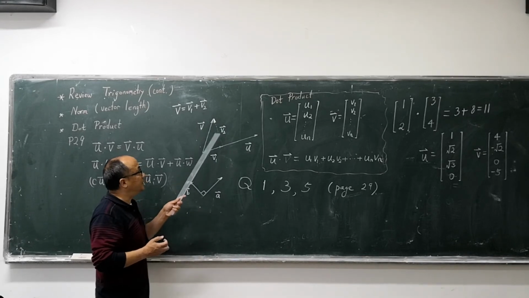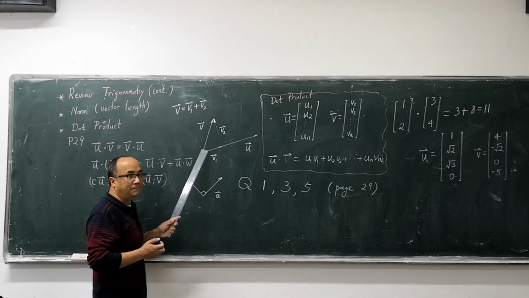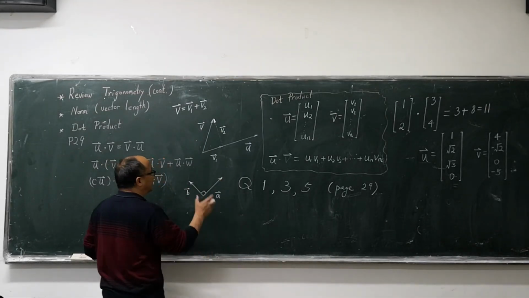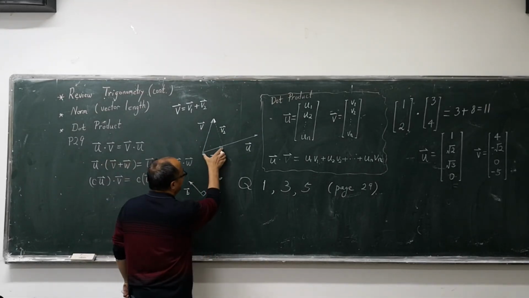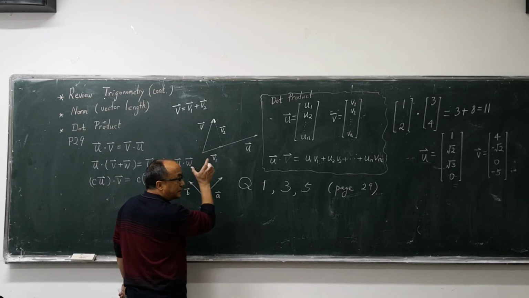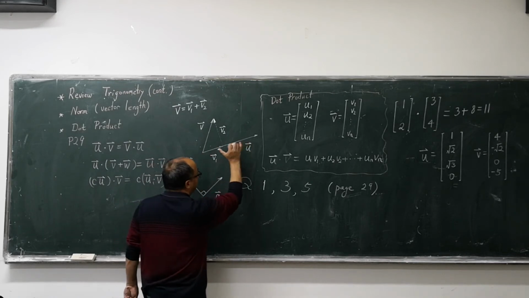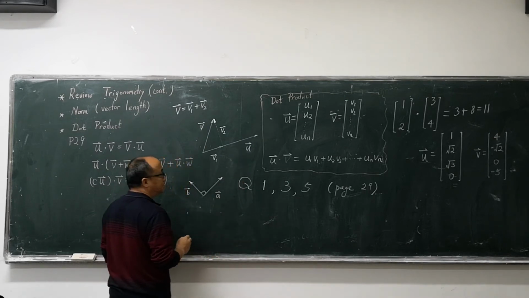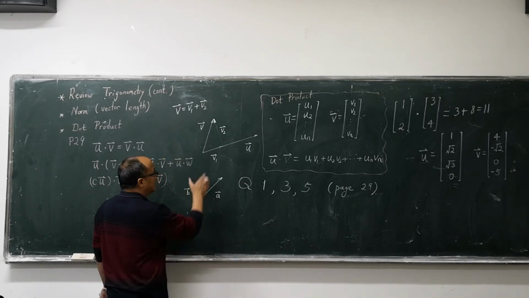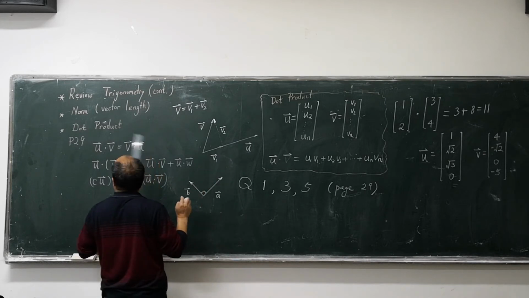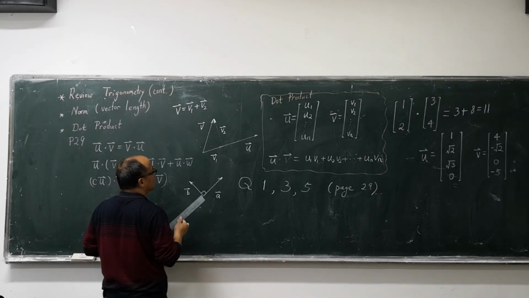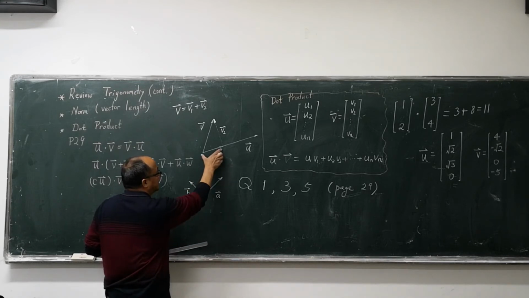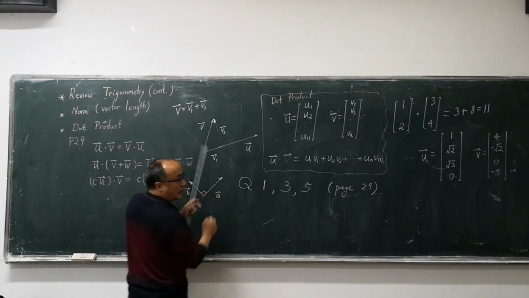Another ingredient is the vertical part. So the meaning is actually this length times this length. That's the meaning of dot product. A vertical length is called a norm.